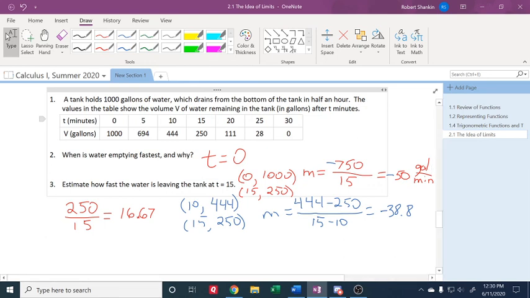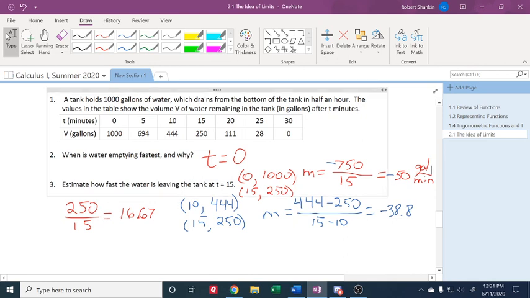Yeah, I think 60 gallons per minute was going out way early. But when you get down closer, it's only 38.8 gallons per minute happening from here to here. And so that is correct.